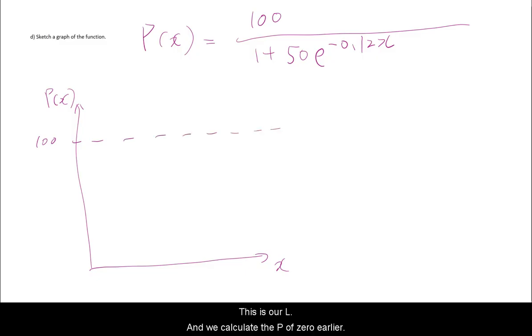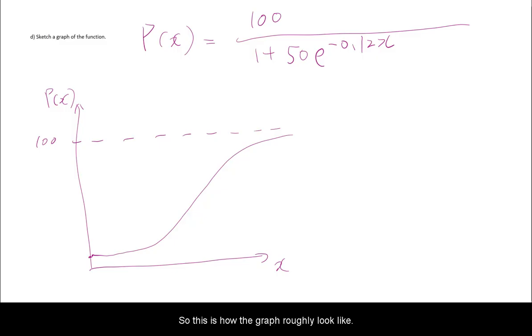This is our L, and we calculated p of 0 earlier. That's our y-intercept, that's 2%, so it's around 2. Let's say it's here, and the graph will look like an S, kind of like this. So this is how the graph roughly looks.